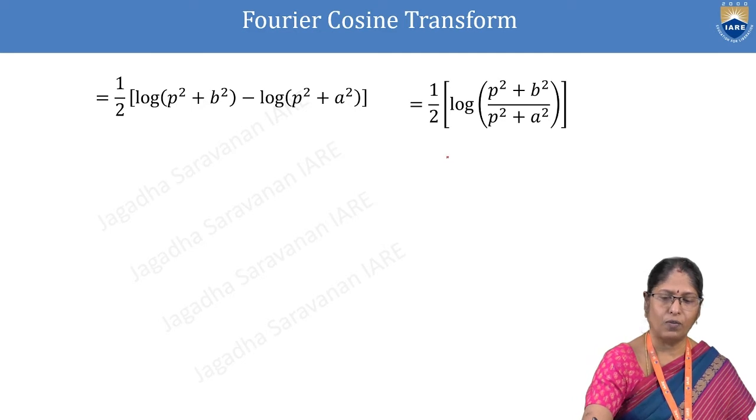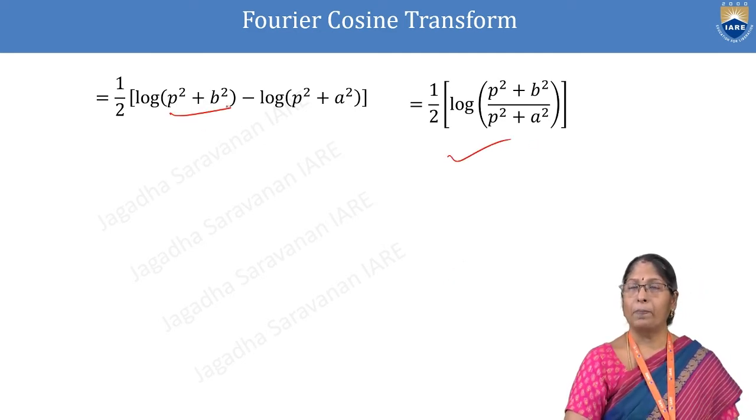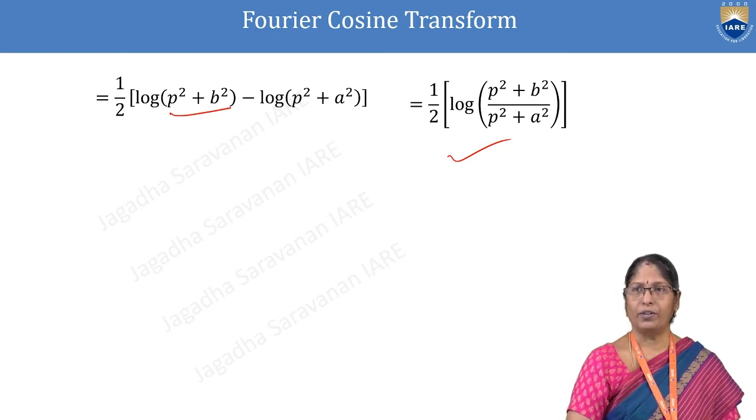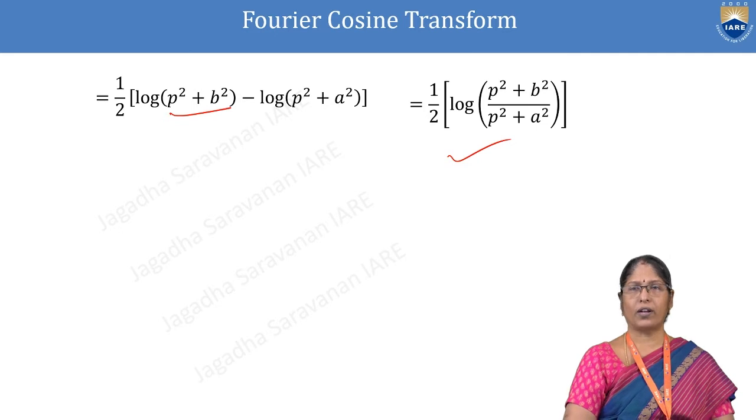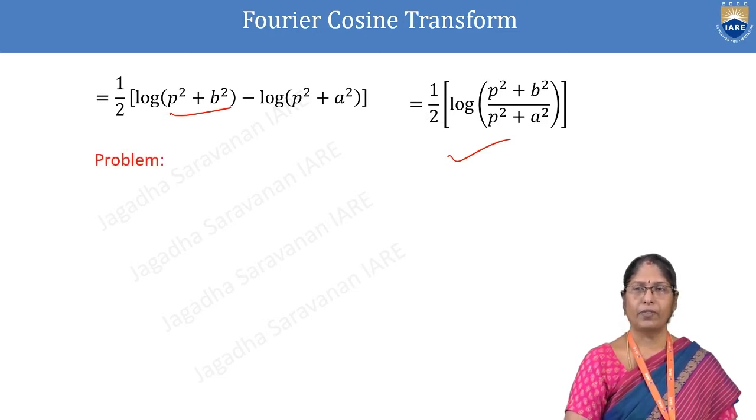So it is written as 1 by 2 log of p square plus b square divided by p square plus a square, using the logarithmic formula log A minus log B, which is nothing but log of A by B. So we will concentrate on one more problem.